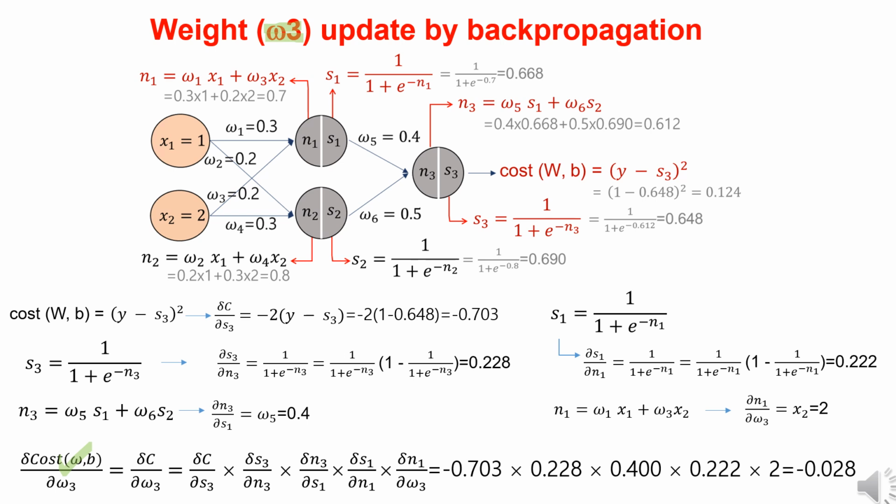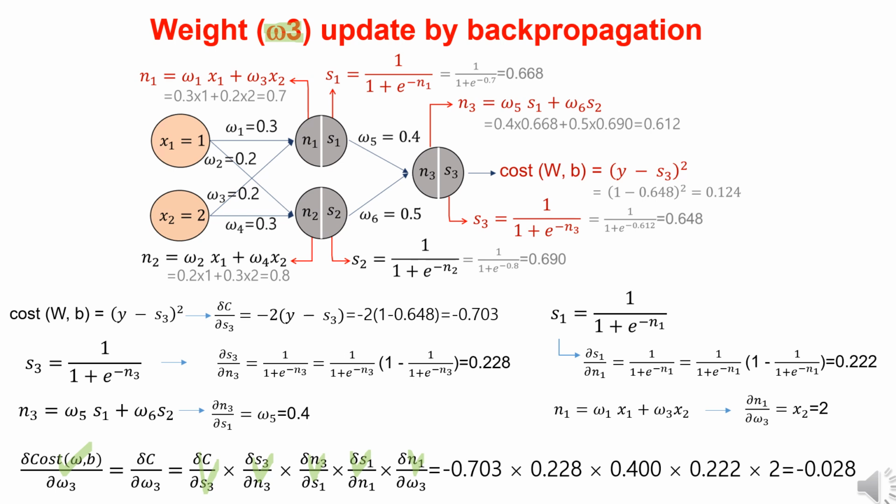Specifically, it involves the partial derivative of the cost function with respect to S3 multiplied by the partial derivative of S3 with respect to N3 multiplied by the partial derivative of N3 with respect to S1 multiplied by the partial derivative of S1 with respect to N1 multiplied by the partial derivative of N1 with respect to omega 3. Now, let's calculate each term step by step.